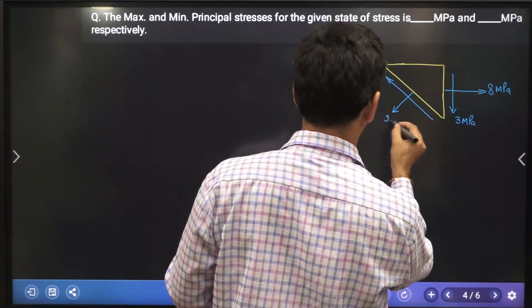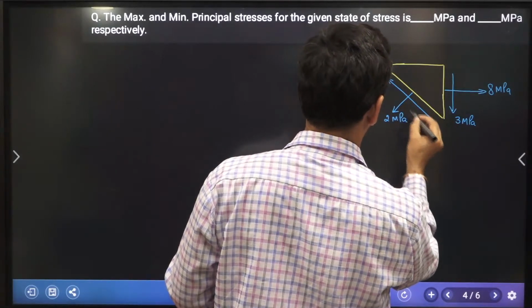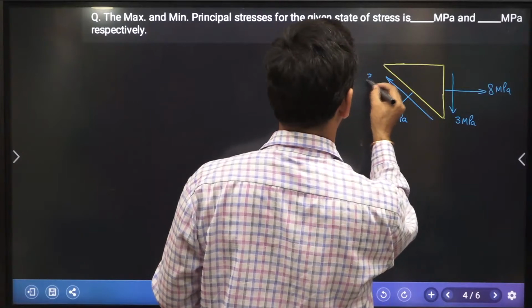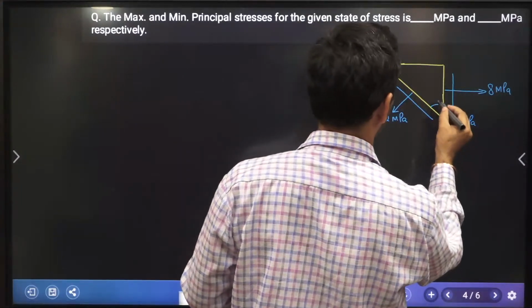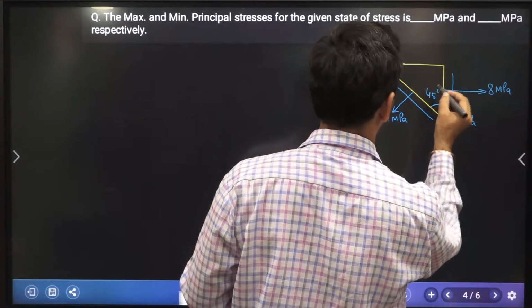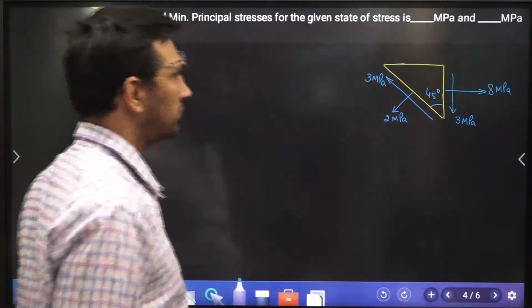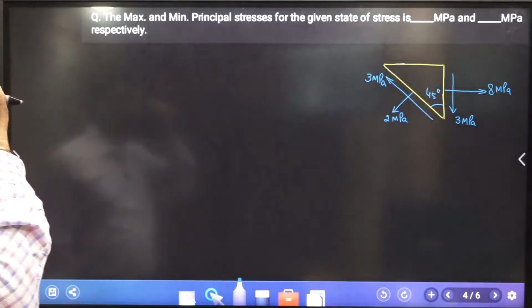So it becomes 2 megapascal, and it is 3 megapascal. And here he has given us 45 degrees. Right?